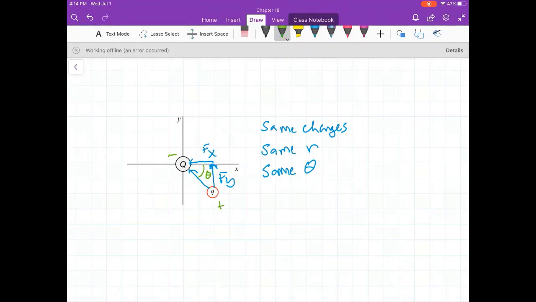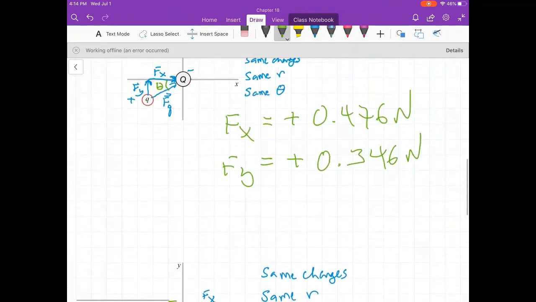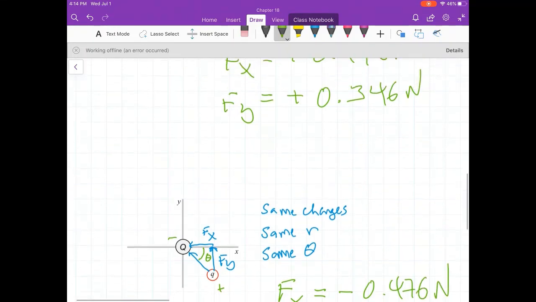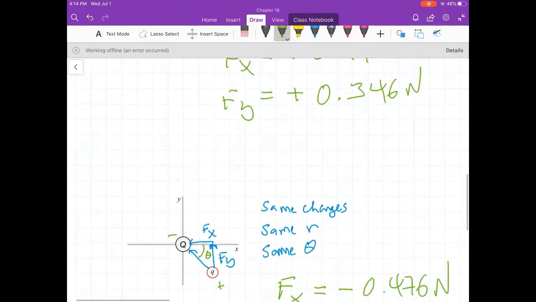So Fx equals negative 0.476 Newton, because it goes to the left, negative direction.